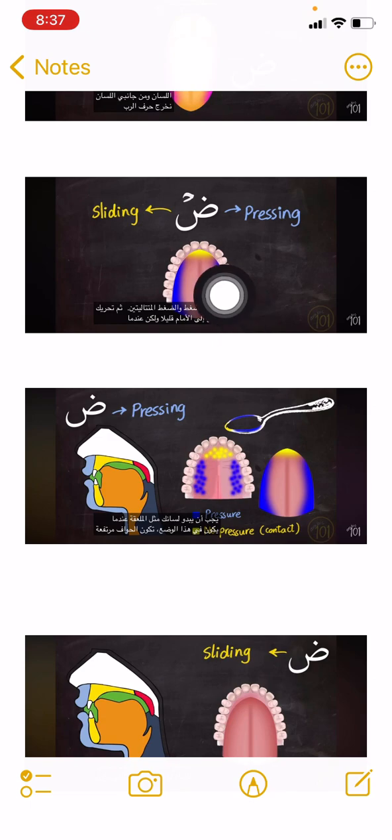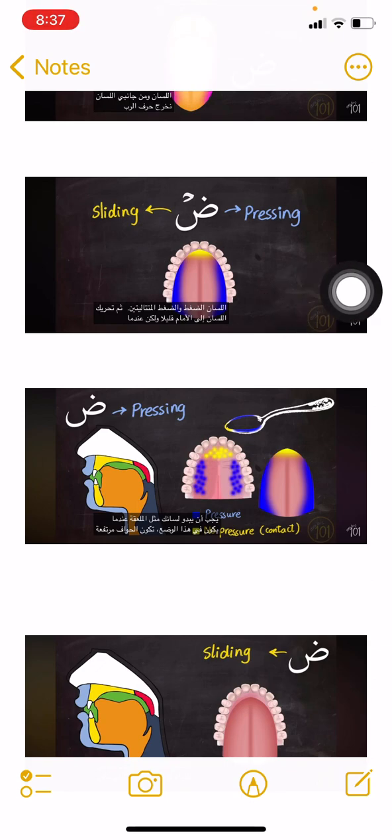Pressing means the back edges of the tongue are pressed against the molars, while the front edge is only making contact. So pressing is only here. The tongue presses here and here. After that, there is sliding.